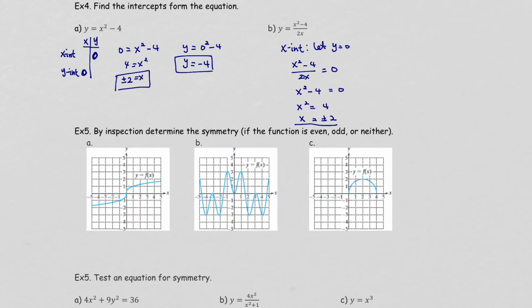So that will be your x-intercept. And for the y-intercept, you're going to let x equal 0 this time. So then y equals (0 squared minus 4) over (2 times 0). No matter what you have in the numerator, if the denominator is 0, this is going to be undefined. Undefined means there is no y-intercept.